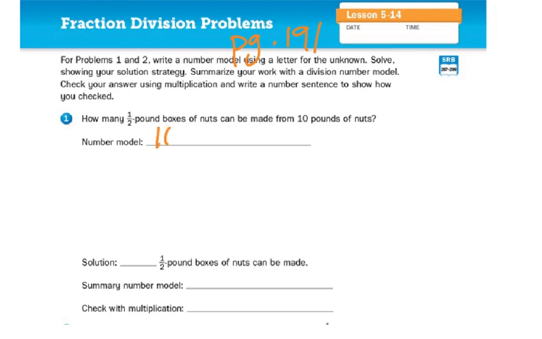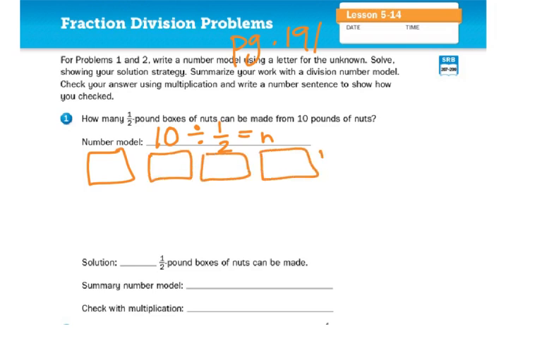Okay, so we're taking 10 pounds, we're dividing them up into 1/2 pound amounts, and that's going to be what we're solving for. Now here we go. Are you ready? We're going to draw 10 of these. 1, 2, 3, 4, 5.